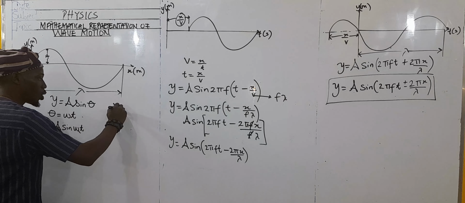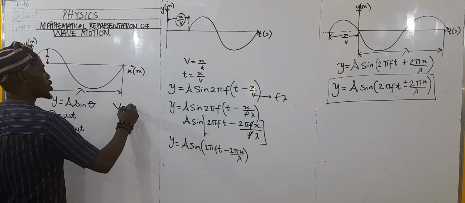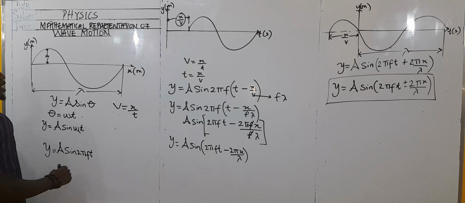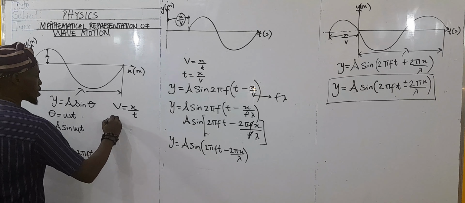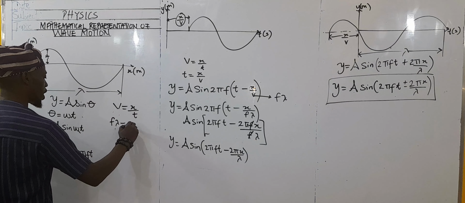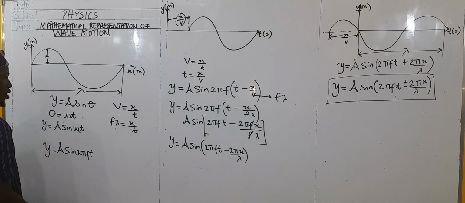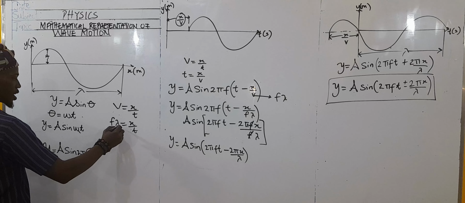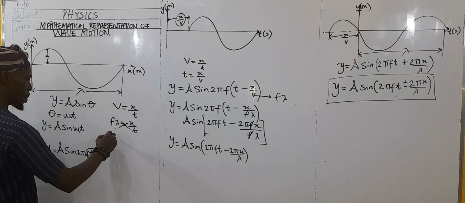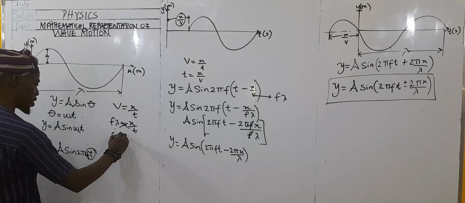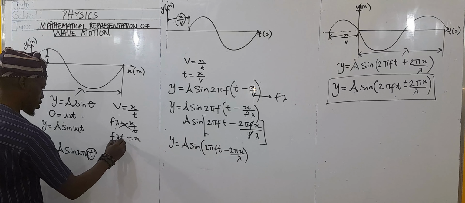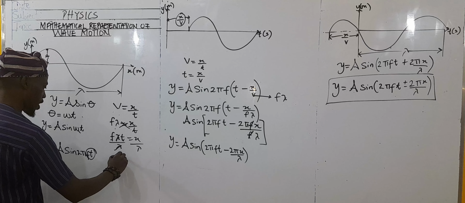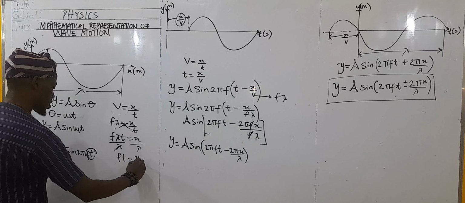We know that velocity is equal to distance over time, right? And we know that v is f lambda equal to x over t. Alright, so I want to take away this. So if I take it away, it's going to give me f lambda t equals x. We want to talk about these two. So I'm going to divide by lambda, so I'm going to have f t equals x over lambda.